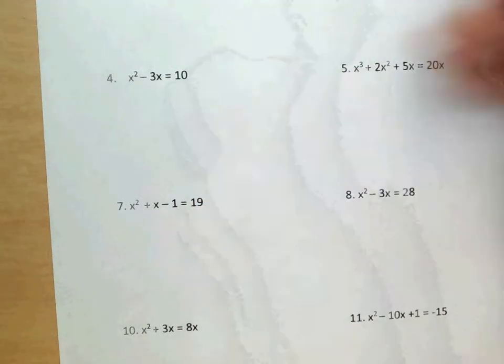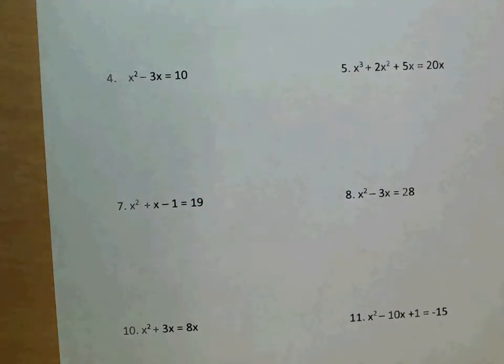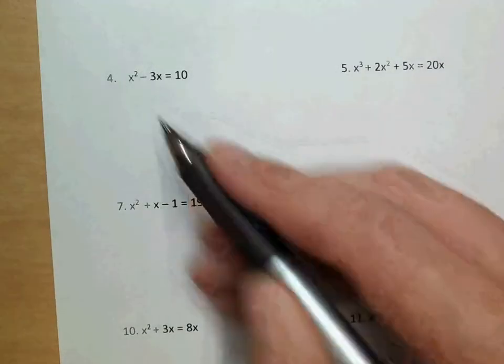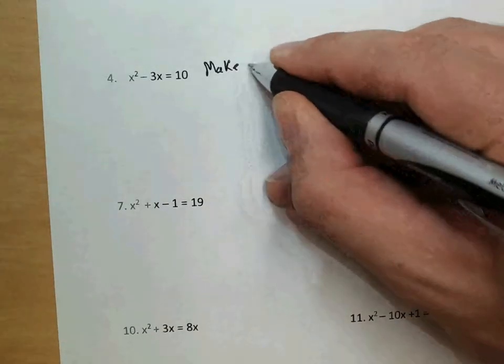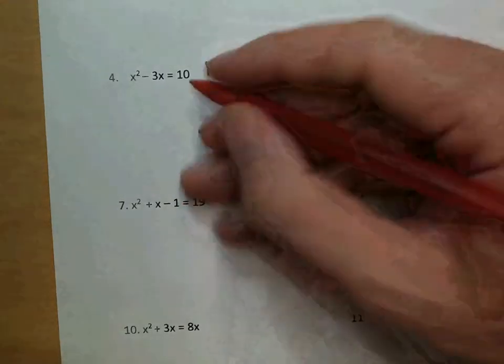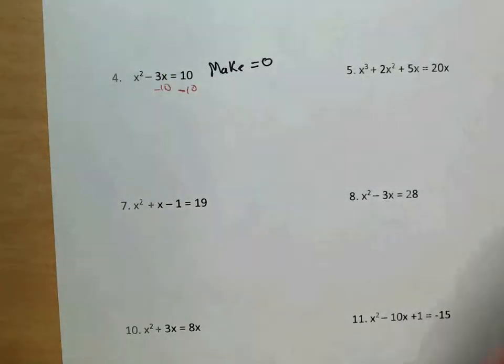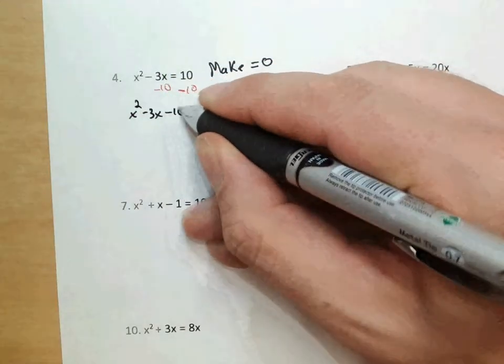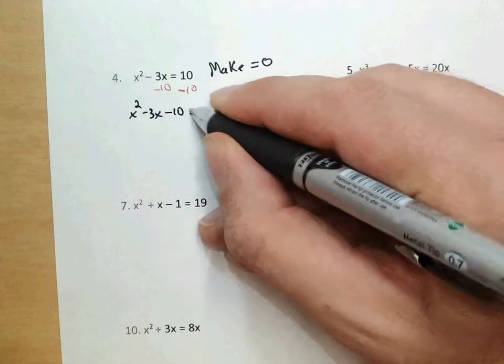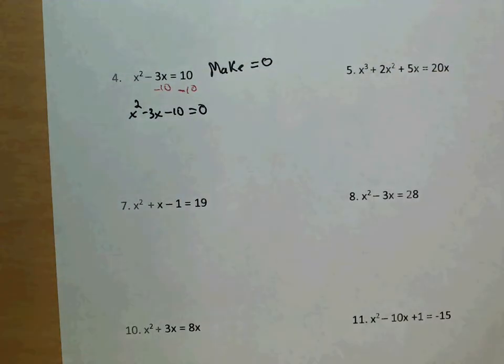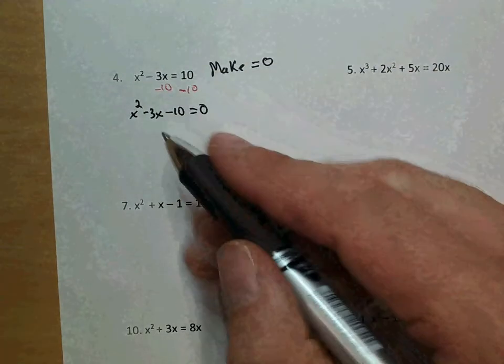But there's 2 different x variables. And so there's no way to get x by itself if you do traditional methods. Instead what we do is we make it equal to 0. And the way we do that is we subtract on both sides. We get x squared minus 3x minus 10 equals 0. Notice that the 10 can't be subtracted from either of these because it's not a like term.